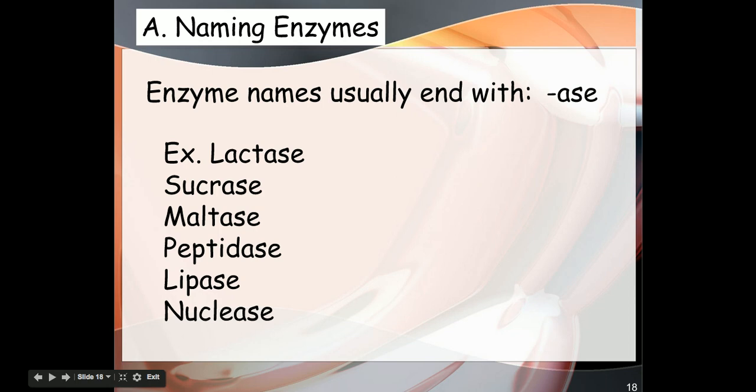For example, we have lactase, sucrase, maltase, peptidase, lipase, and nuclease. These are all enzymes, and they're easy to see just from looking at the words that they're enzymes based just on this A-S-E ending. So that's an easy way in context if you're trying to figure out what a molecule is, find that ending. If it's ase, it's an enzyme, and it's going to speed up chemical reactions.